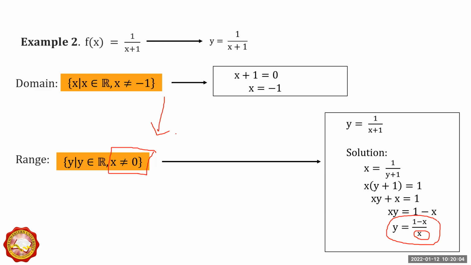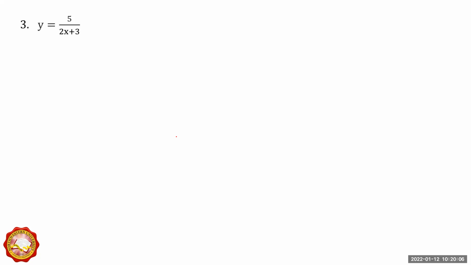Okay? So, let's try to look at another example. Same case. This is an example of a fraction one. Now, what you need to do is for you to think of the domain first.